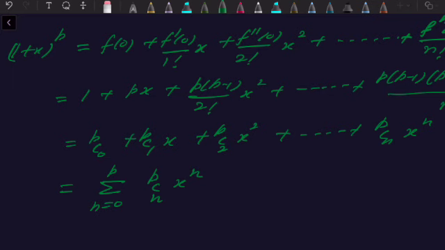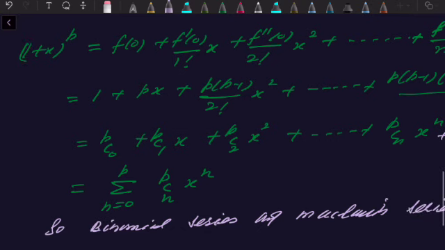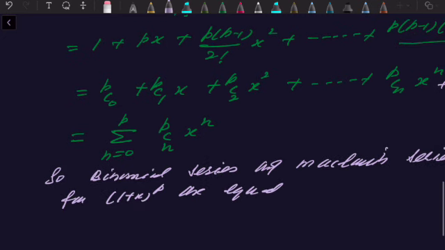So we can conclude, by Maclaurin series for 1 plus x raised to power p are equal.